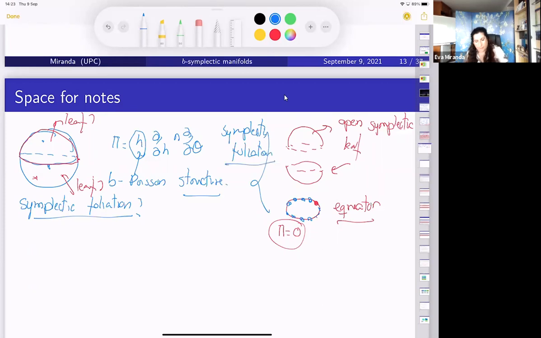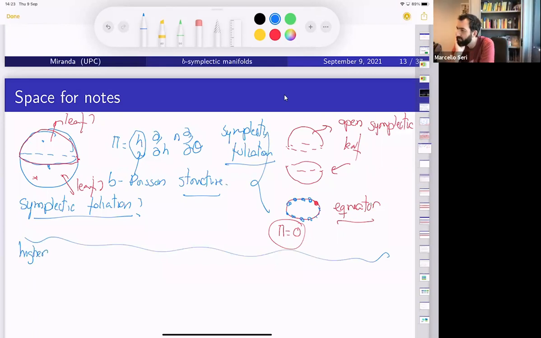Fantastic. Now, if we go to higher dimensions, of course, we need to understand examples. Maybe it's something stupid, but when you called me, I was distracted thinking about that. When you mentioned the Poisson structure, you mentioned that it's the one in which you have the bracket of pi with pi equal to 0.